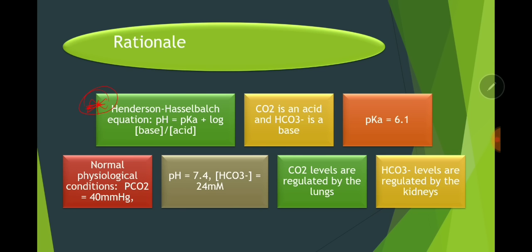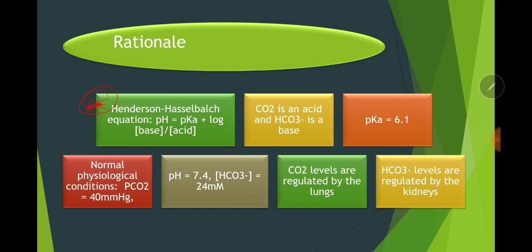Now, in respiratory alkalosis, because you're blowing out more of the carbon dioxide, and you know when carbon dioxide is dissolved in blood or aqueous solution, it becomes acidic. So if the carbon dioxide is less in blood, the pH actually goes up. That's why it's called alkalosis.